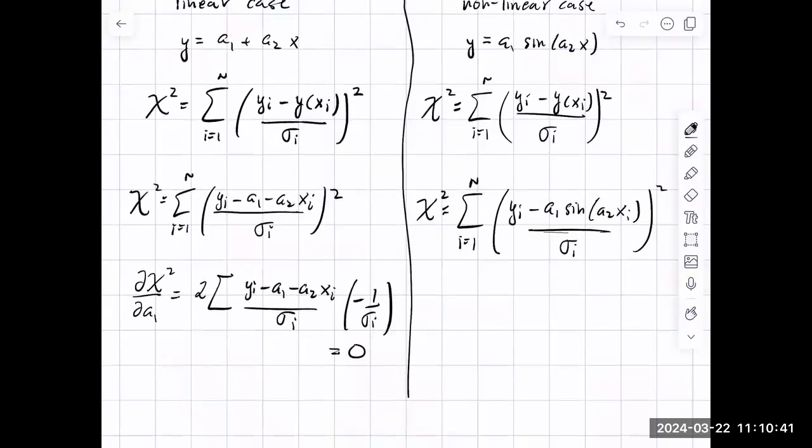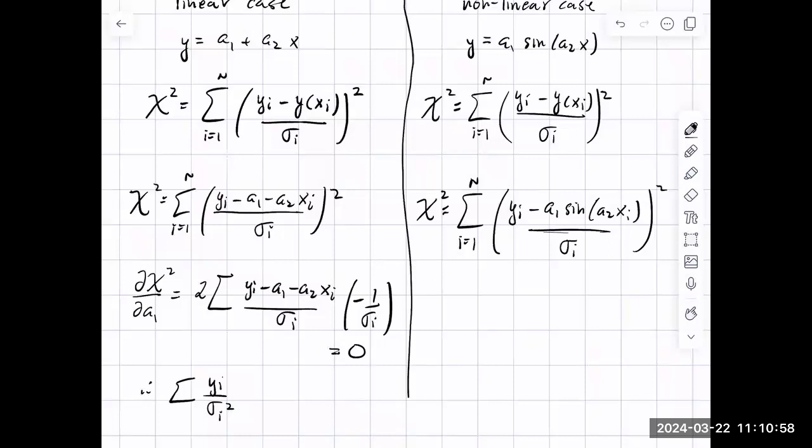What that allowed us to do is write the sum of y_i over sigma_i squared. We could divide by 2, and 0 divided by 2 is still 0, so I'll get rid of the 2.